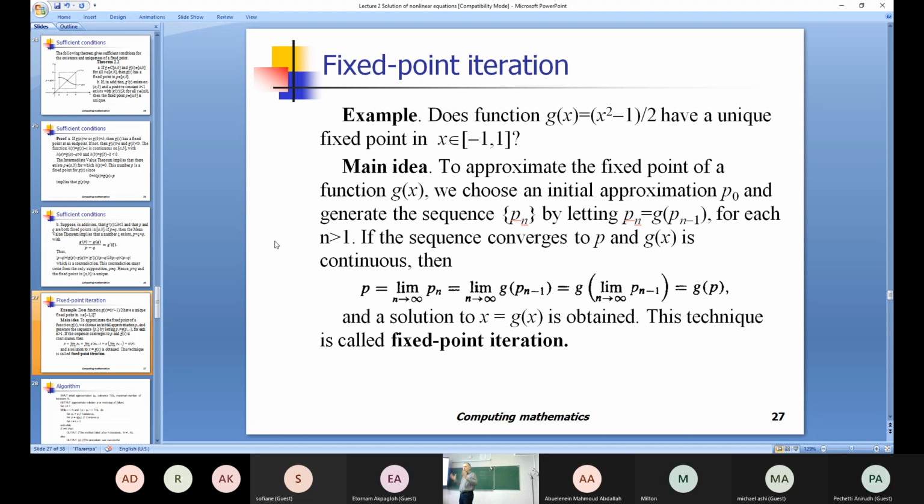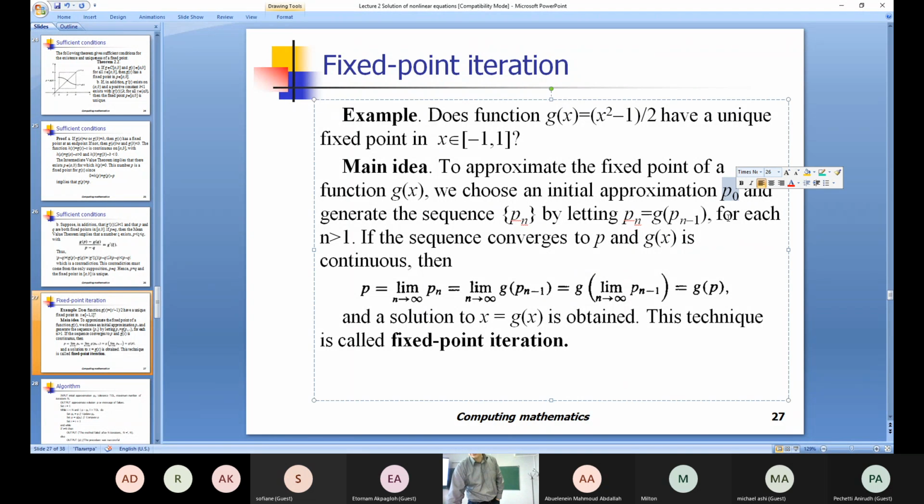Suppose that we have an initial approximation p0, and suppose that we generate a sequence pn by the following very simple rule: the next point pn equals g of p n minus 1.